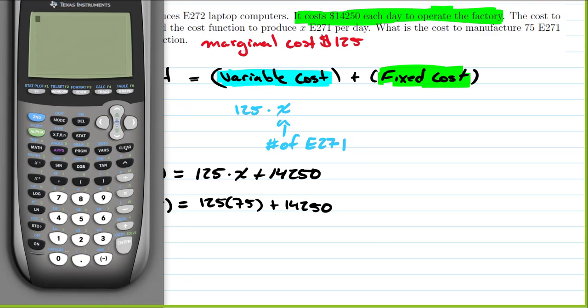So I'm going to push the y equals on my calculator and put this function in. So 125x plus 14250. So the next part asks us to graph it, but I'm going to do that in a second. So we do our y equals, we put our function in. So something you may or may not be familiar with on your calculator is using it to evaluate things.